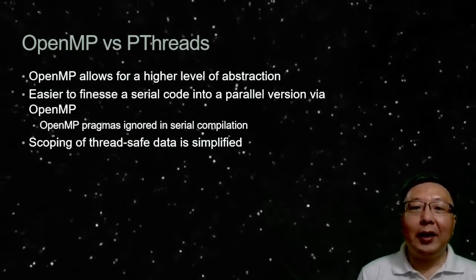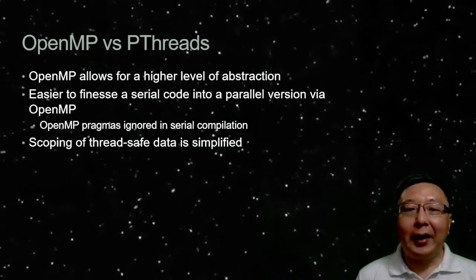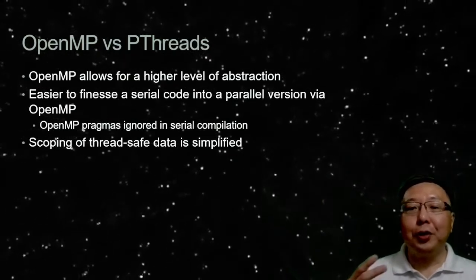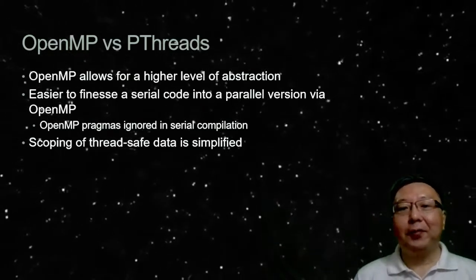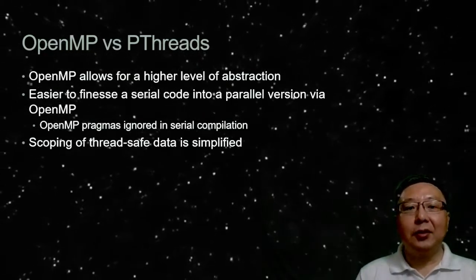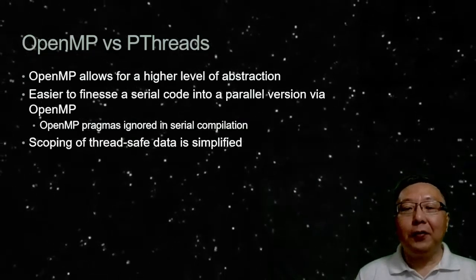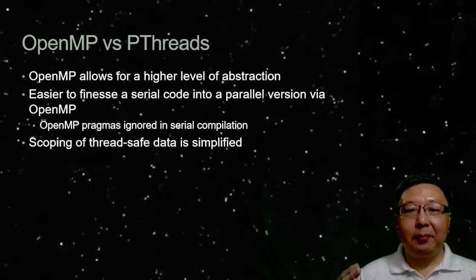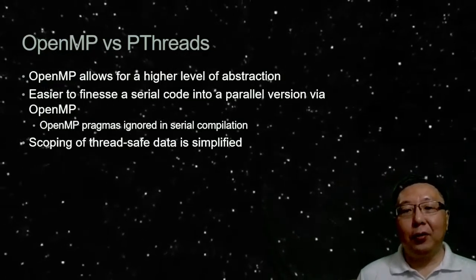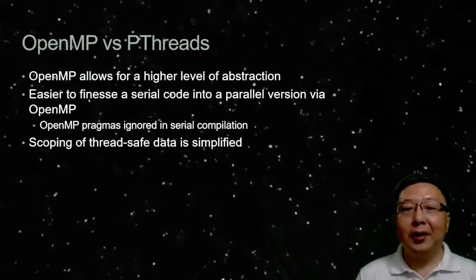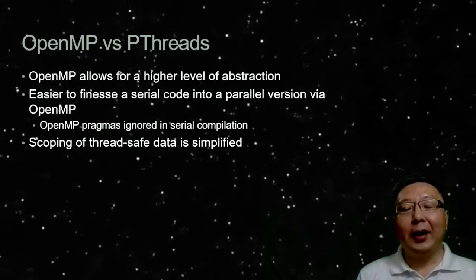OpenMP instead lets you have a higher level of abstraction, so you don't have the detail control, but for standard types of things, it's easier to write. So if you've got a serial program already, to finesse it into OpenMP is much less work than if you had to do it in pthreads.